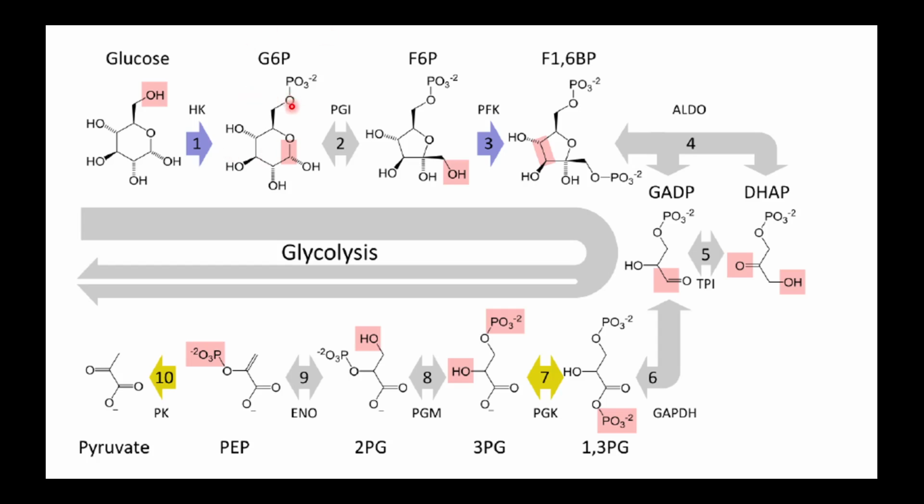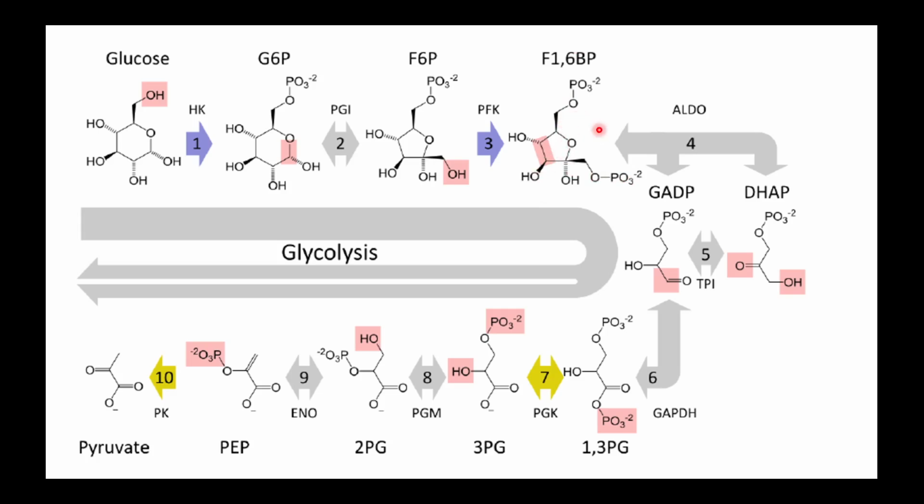Then from glucose 6-phosphate, it moves on to fructose 6-phosphate by another enzyme, an isomerase. Then from fructose 6-phosphate, another step of phosphorylation occurs where it becomes fructose 1,6 biphosphate. So two phosphates are attached to the fructose molecule.